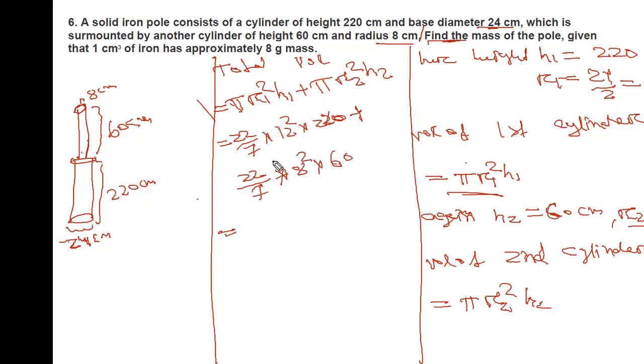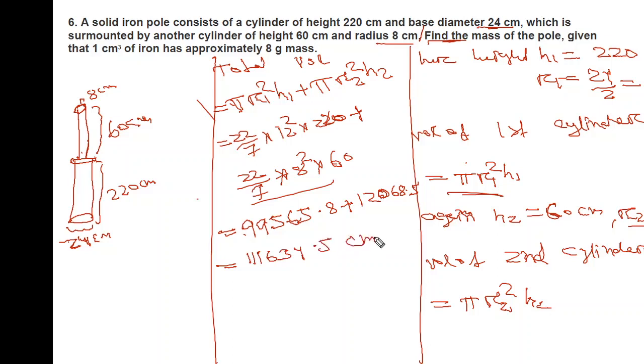So which will be equal to, you please calculate all this, it will be equal to 9956.8 plus this will be equal to 12068.5. So again after addition you will find it will be equal to 11634.5 cm cube. So this is the volume of the iron pole. Now what we have to find is the mass.